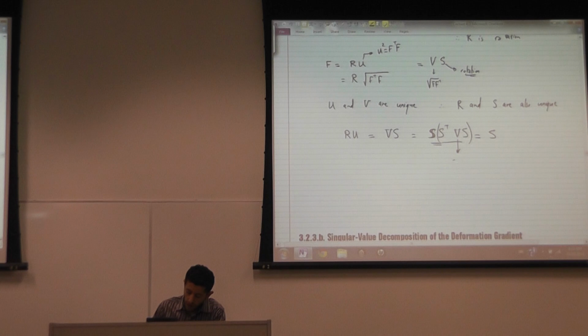This is a positive definite symmetric matrix. Therefore, this whole thing, S transpose V S, is also a positive definite symmetric matrix. Therefore, I can call it, let's say, U prime.